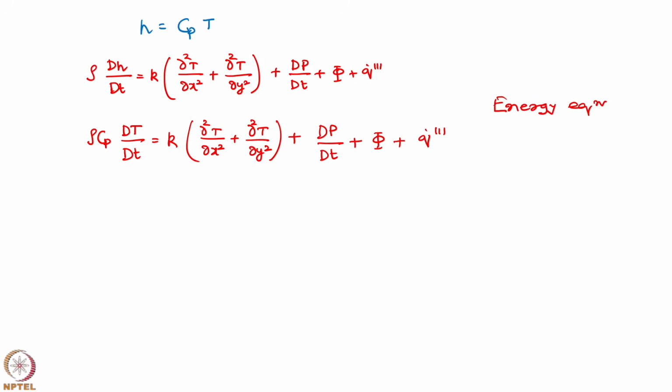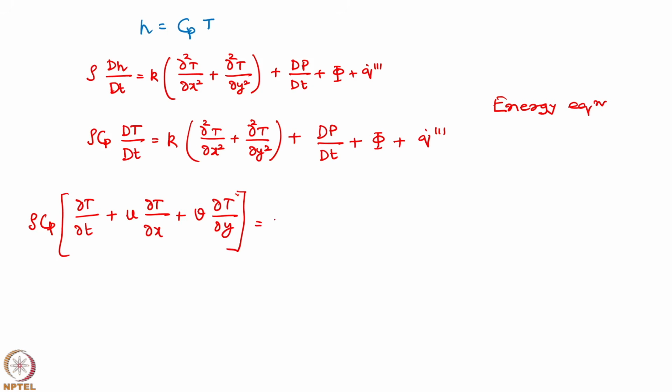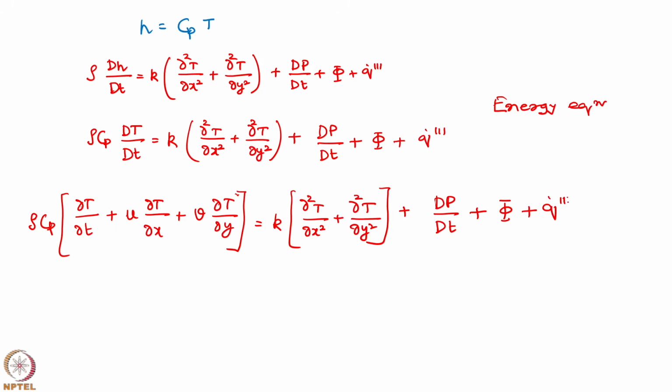If you expand this, rho Cp instead of dT by dt, let us expand this: ∂T/∂t plus u ∂T/∂x plus v ∂T/∂y is equal to K into ∂²T/∂x² plus ∂²T/∂y² plus dp by dt. This is the total derivative of the pressure, plus the viscous dissipation term, plus q dot triple prime.